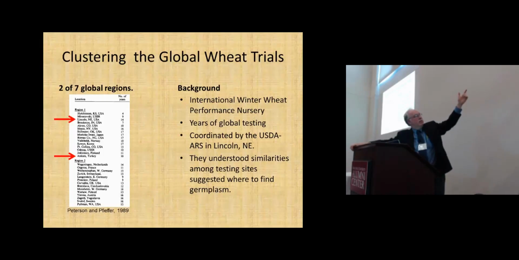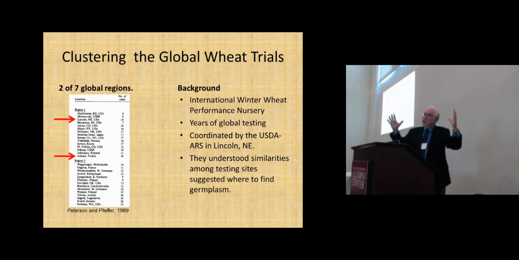But if you look at Lincoln, Nebraska, with 14 years of data involved in Region 1, there were 7 regions, Ankara, Turkey clusters. You can see a lot of the Great Plains, things like Akron, Colorado cluster. Ithaca, New York, only because it's closer than the other 6 regions were.